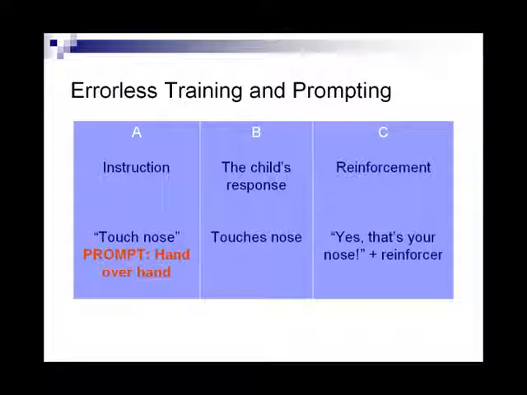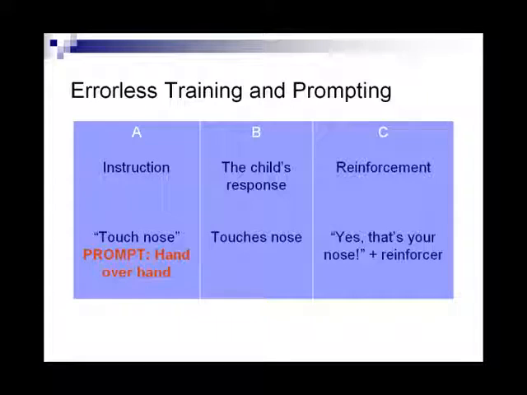The key to that is that it was errorless. If you were to just say touch nose at this point, if touch nose is your target goal based on your results from the assessment, you're starting from the fact that he doesn't know to touch his nose. So that is not a known skill. If you were prompting that, that behavior would be an error, and then you would have to go into correcting that error.